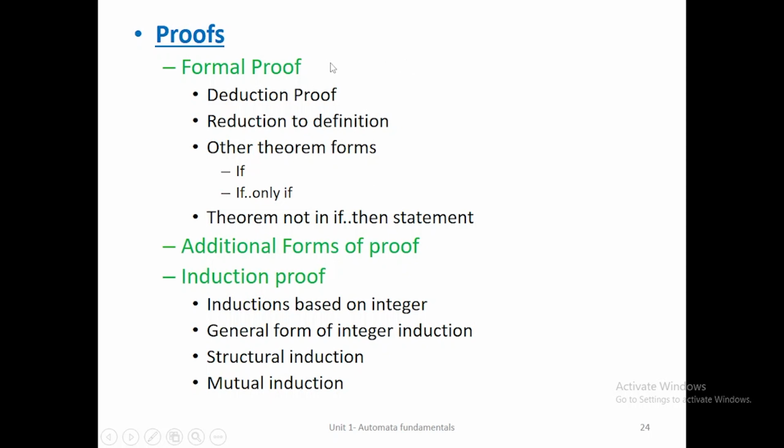So all formal proofs come under the hypothesis and conclusion part. Some mathematical formulas are available, for example, sum of first n natural numbers, sum of squares of first n natural numbers. These are all series, and these series contain some formulas. This will be proved under induction proof. So these are the 3 different categories which will be discussed in the next class.